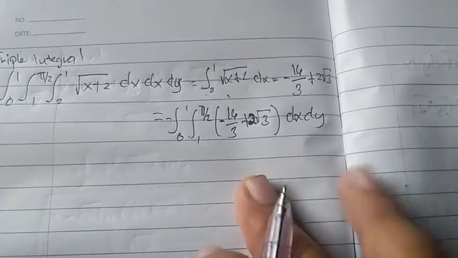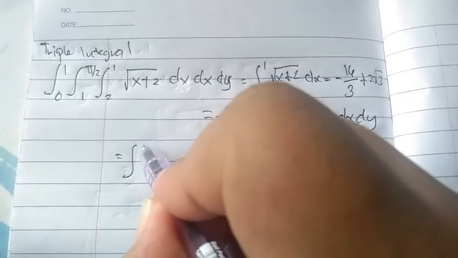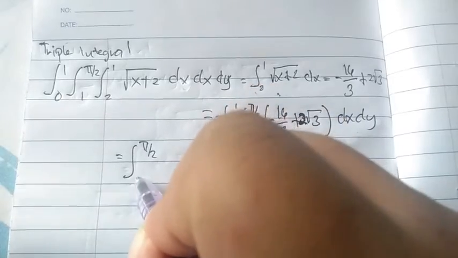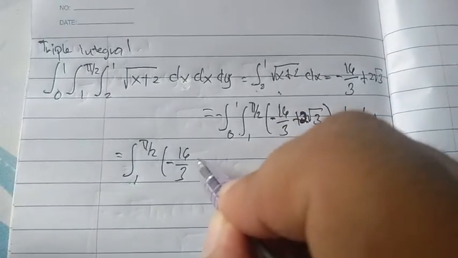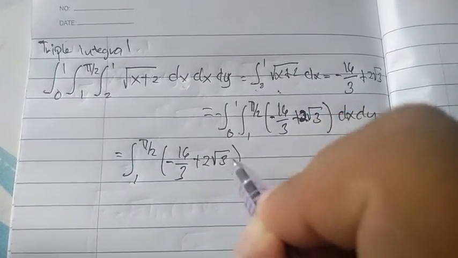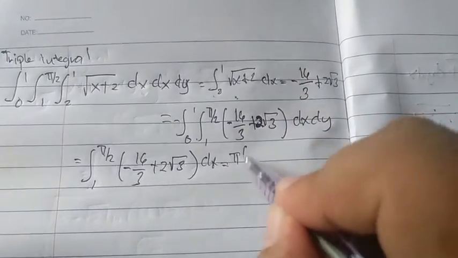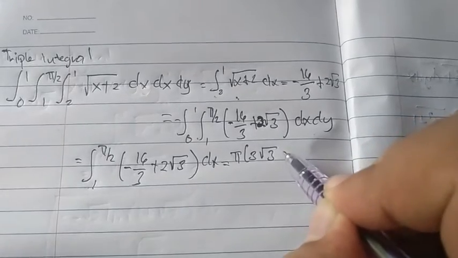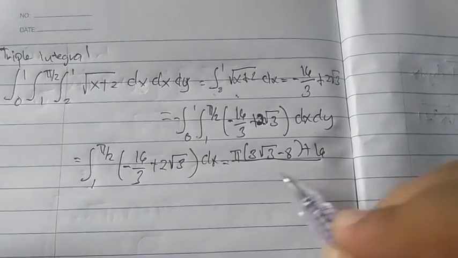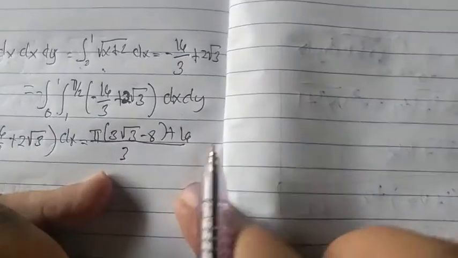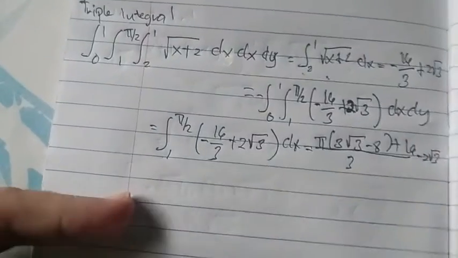Then we're going to solve this. This will be pi over 2 y, limits 0 to 2, negative 16 over 3 plus 2 square root of 3 dx, equals pi times (3 square root of 3 minus 8) plus 16 over 3 minus 2 square root of 3.